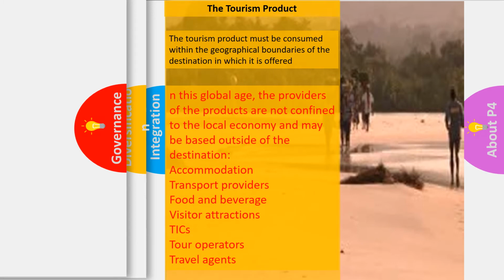In this global age, providers of the products are not confined to the local economy and may be based outside the destination. So it includes things like accommodation, transport providers, food and beverage, visitor attractions, tour operators, travel agents. So we're talking about the tourism and hospitality industry.